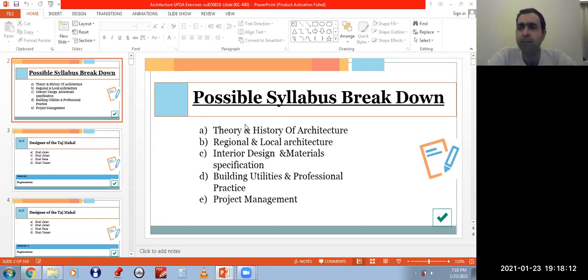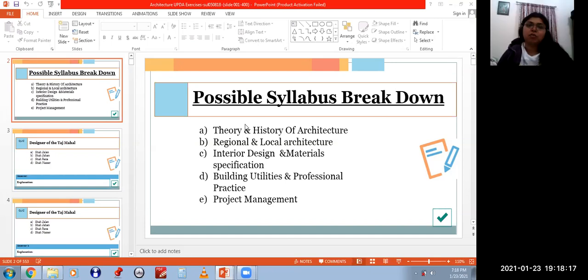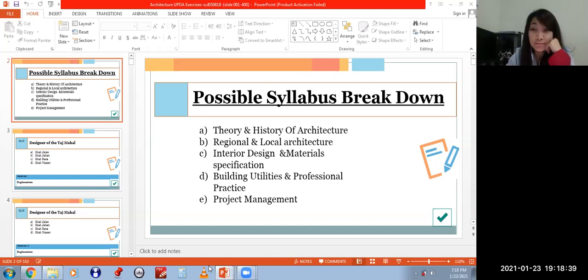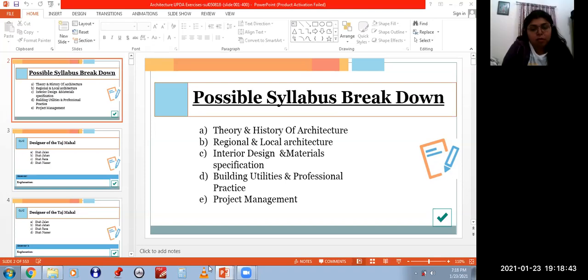Jean Nouvel. Do you know the building that is on Corniche? Anybody else who knows who's the architect of Museum of Islamic Arts? Who else is in this group? Okay. This is an example.